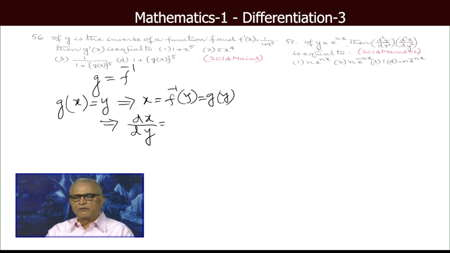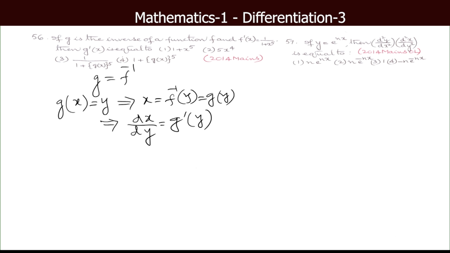Derivative of x with respect to y, but g x equal to y, x equal to g inverse y, and g inverse is same as f. So, x equal to f of y. So, dx dy is f dash y.